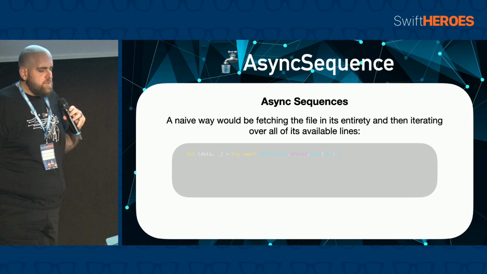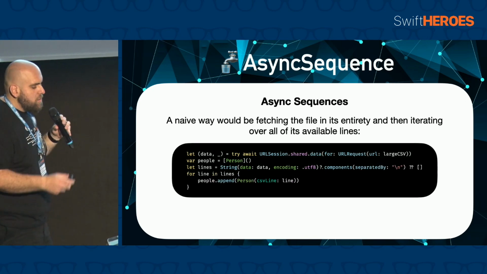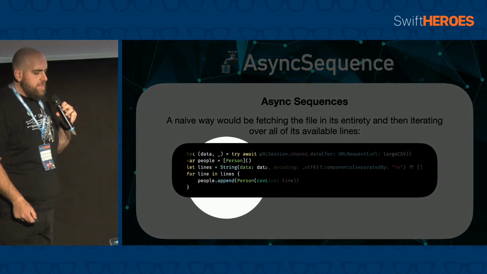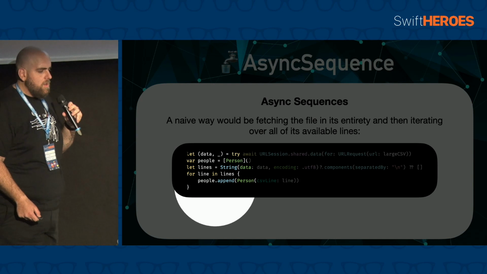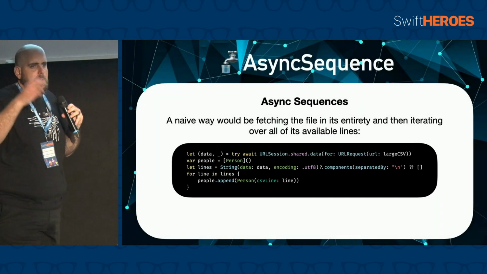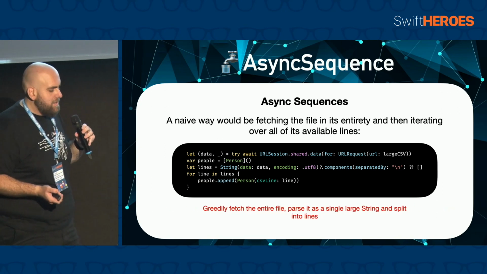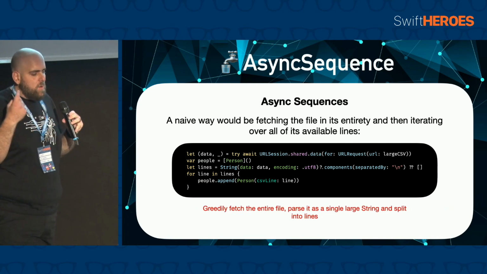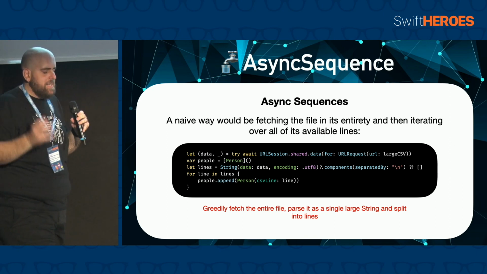You might be tempted to just fetch the data for that file, turn it into a string, split the string into new lines, and then iterate over all of the lines and make a bunch of people from that list. This will work, but it's not very performant because we are fetching the entire file, we are parsing the entire file, and we also have to work with a very, very large piece of data in a string.